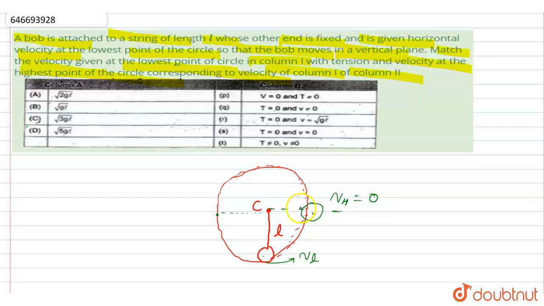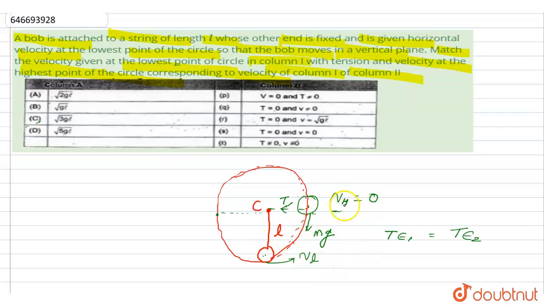Okay, the tension is towards the center, T, and the downward force on this bob is mg. So the total energy at the lowest point equals the total energy at the highest point. Here the kinetic energy is given with VL being some value.